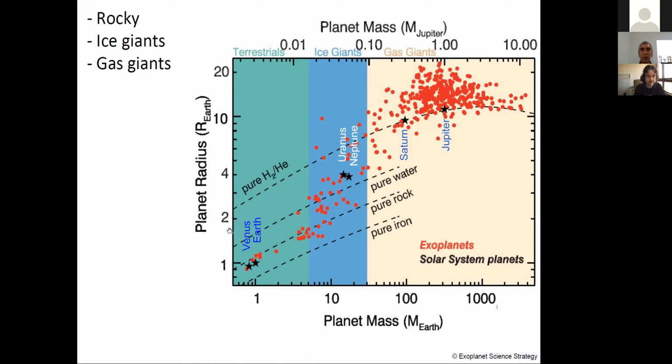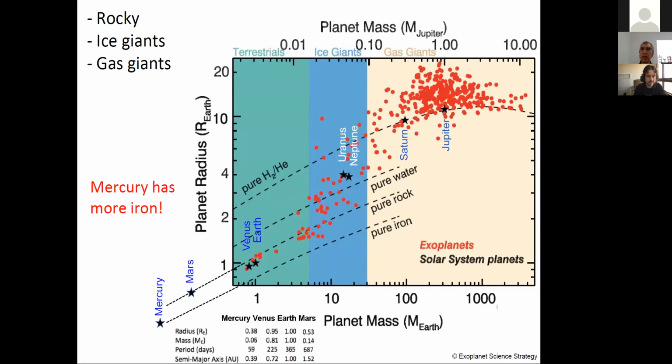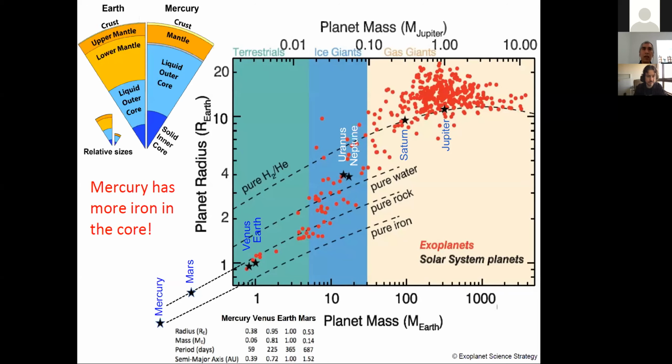If we extrapolate these trends and plot also Mars and Mercury, we can see that Mercury is closer to a pure iron composition. So it means that Mercury has more iron than the other rocky planets in our solar system. And that iron is mainly in the nucleus of the planets.